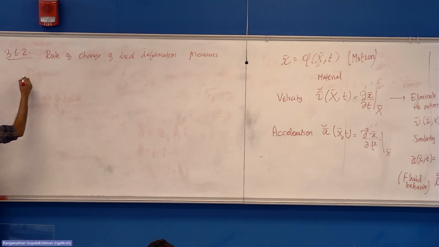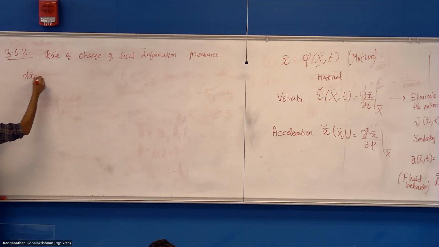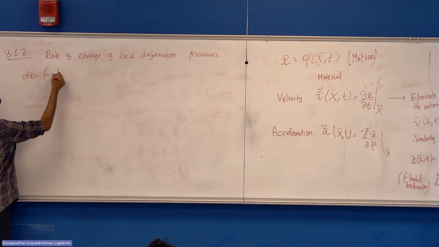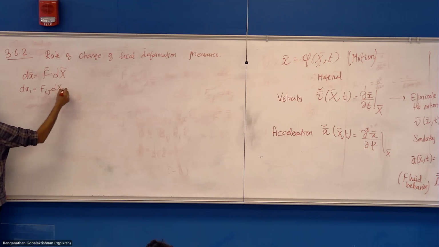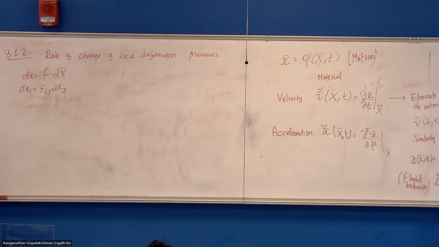We wrote dx is equal to F dot dX, right? In index notation, this is dx_i equal to F_ij dX_j.